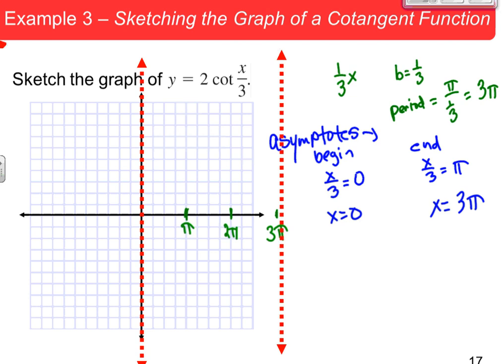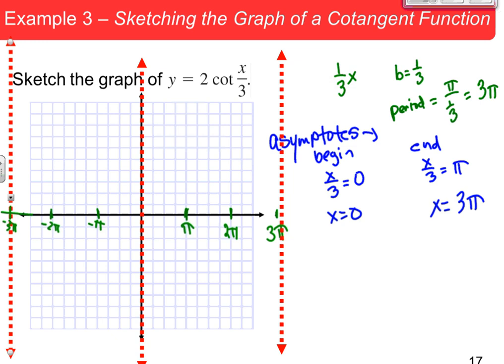If I went back to negative 3 pi, it would be right there. I'll maybe even put those points on there as well, and slide this asymptote just a little bit to the side. Okay, so I can get 2 full periods in here.